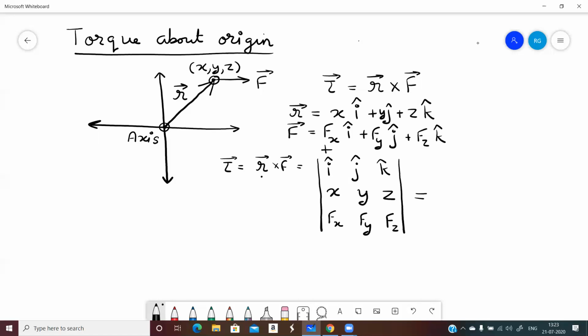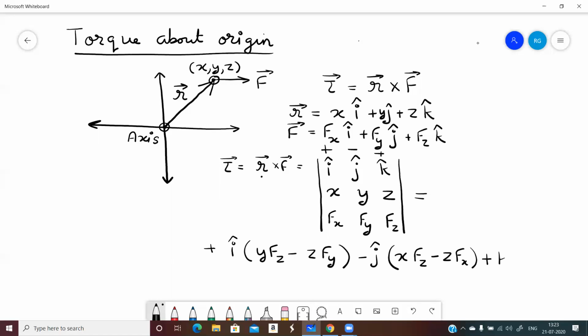So what I do is we place plus, minus, and plus. Now we write plus i cap, y into Fz minus z into Fy, then minus j cap, x into Fz minus z into Fx, then plus k cap, x into Fy minus y into Fx.